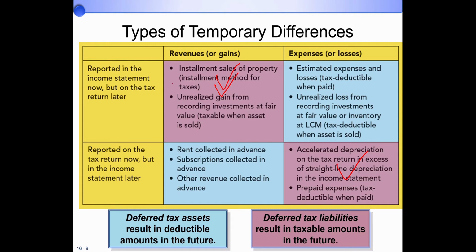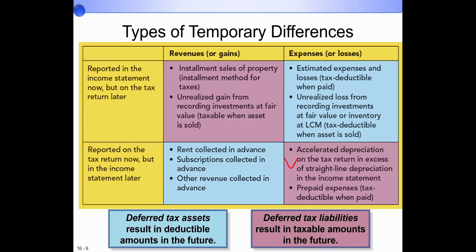And we had an example, right? We talked about this installment sales. The second situation is the expenses issues here. Those expenses are reported on the tax return right now, but in the income statement later, because when reported on the tax return right now, the tax return is going to deduct more amounts.